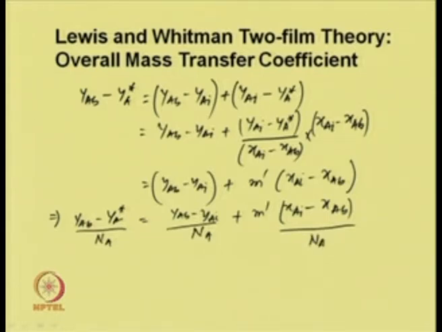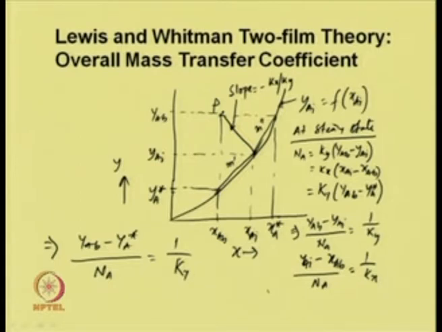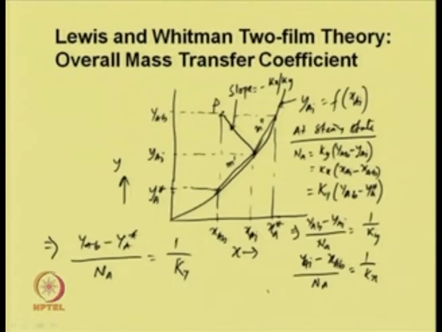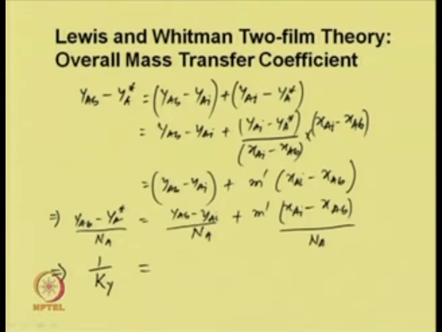So, this is nothing but 1 by capital K_y is equal to 1 by small k_y plus m dash by k_x.